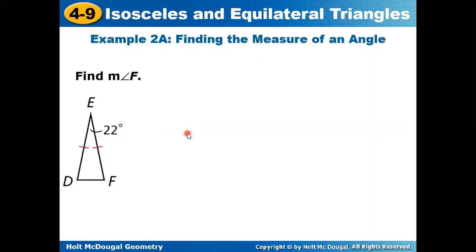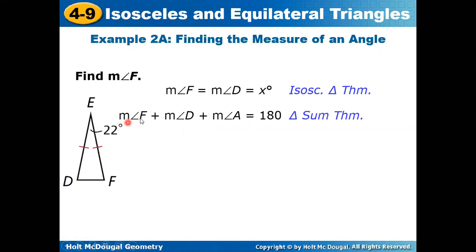So if we represent measure of angle F and measure of angle D as x degrees, then measure of angle F plus measure of angle D plus measure of angle E equals 180, the triangle sum theorem.